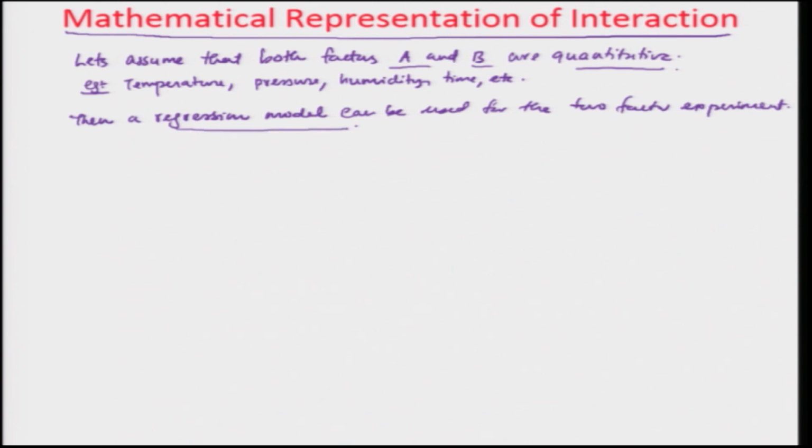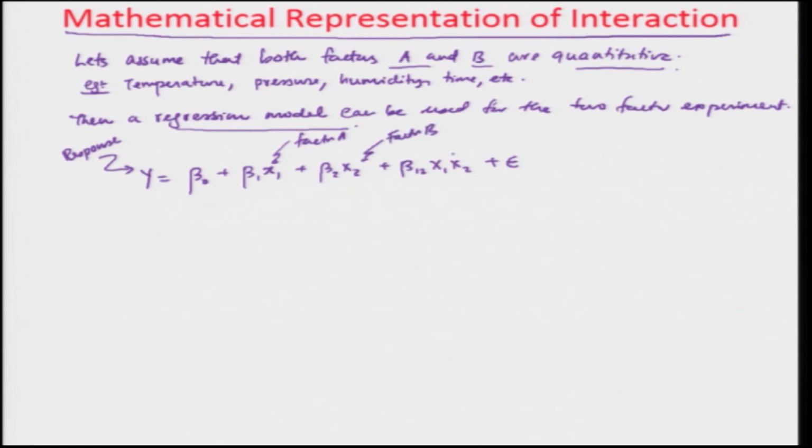So, the regression model can be written as y is equal to beta 0, that is your constant, plus beta 1 x 1 plus beta 2 x 2 plus beta 1 2 x 1 x 2 plus error. You can think about x 1 as factor A, x 2 as factor B, and x 1 x 2 as the A B interaction.